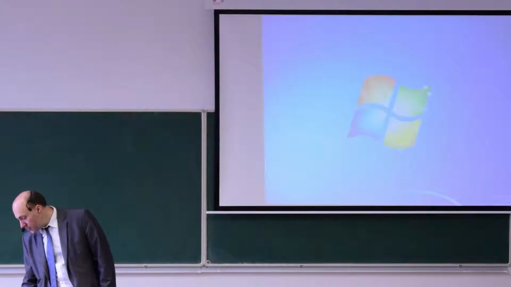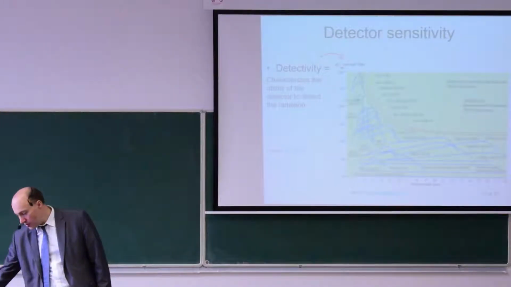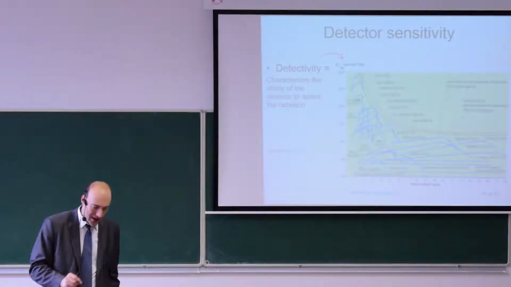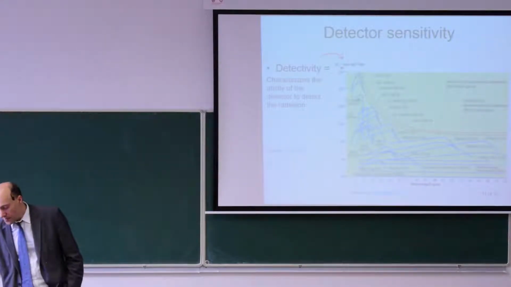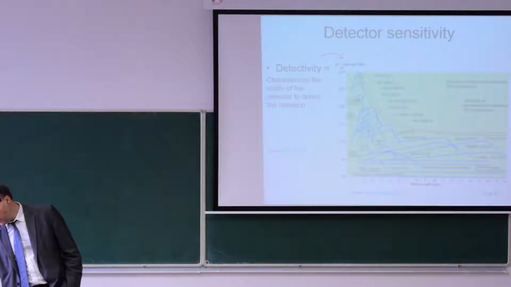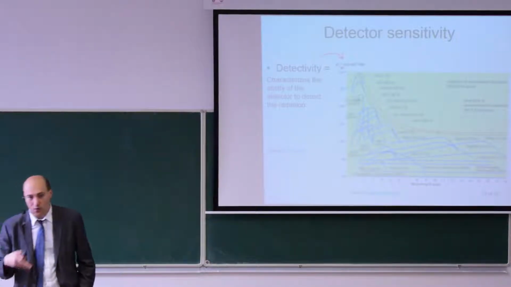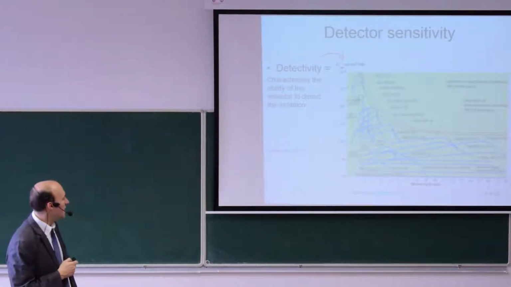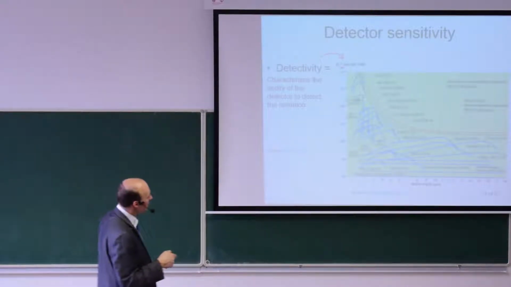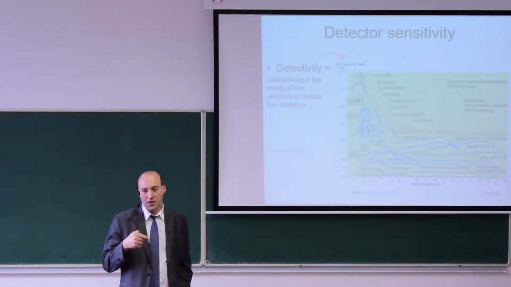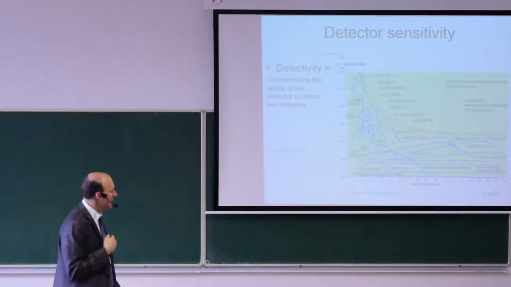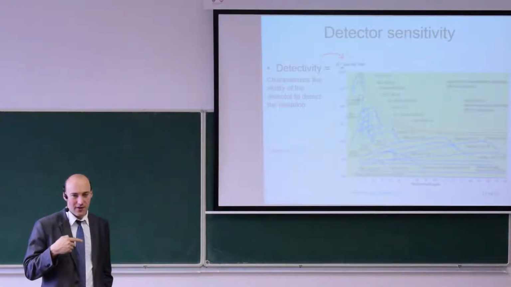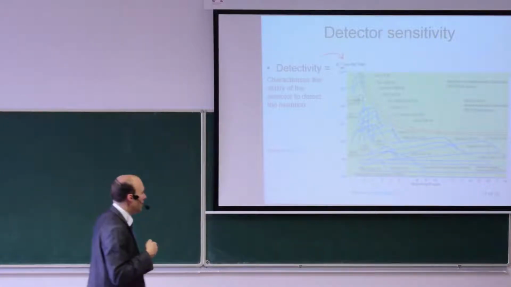Now related to detectors. I already told you that detectors are unfortunately not sensitive in the whole wavelength range where we would like to have them. So what you see here is a comparison of many different materials. And I just want to show you that different materials operate in different wavelengths.